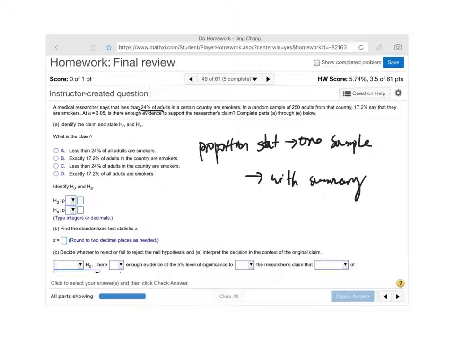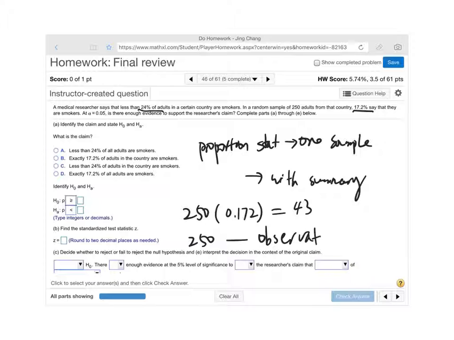The successes is, you figure out, 250 times 0.172, that's successes. And then observations is 250. Okay, and then put everything in StatCrunch.